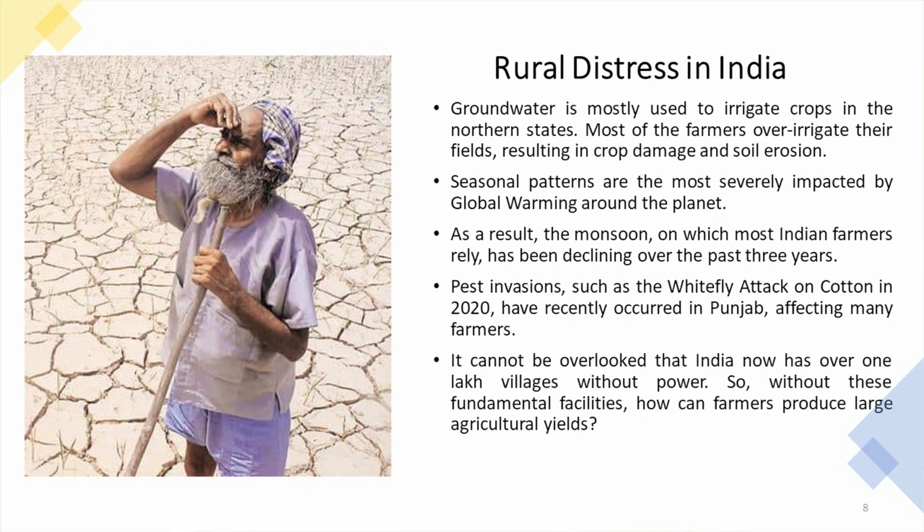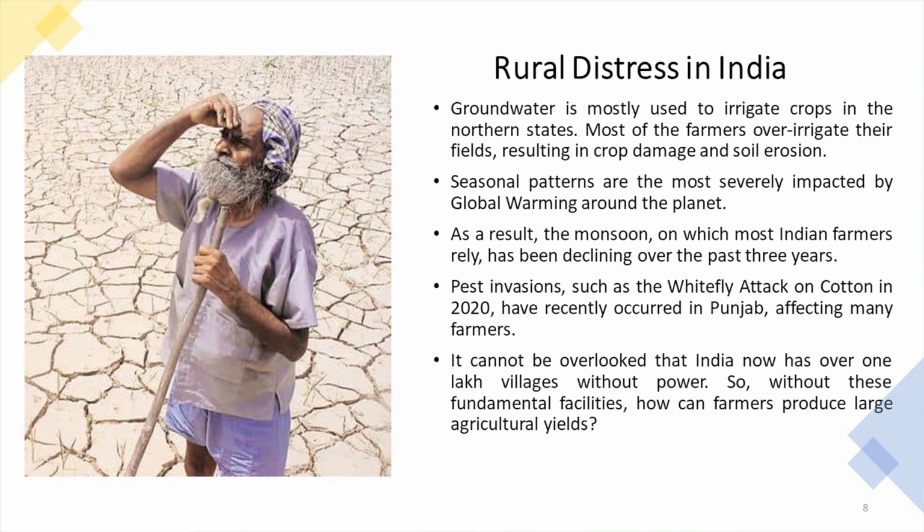Then seasonal patterns are severely impacted by global warming in the country. The climate change has impacted the seasonal requirement of different crops. That is again leading to lower quality of the produce, or no produce, or the produce is there but is of no use.